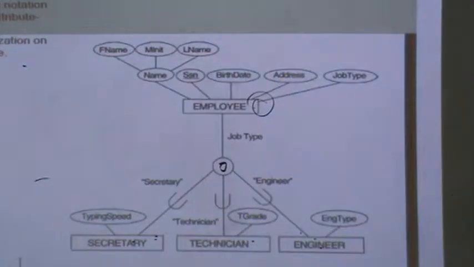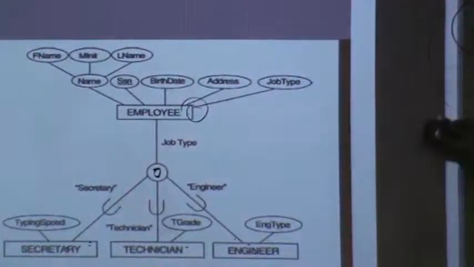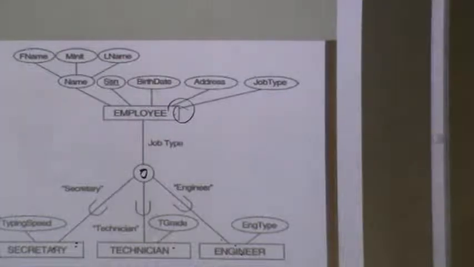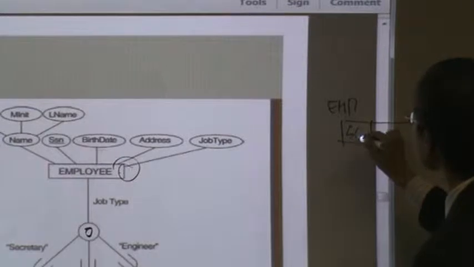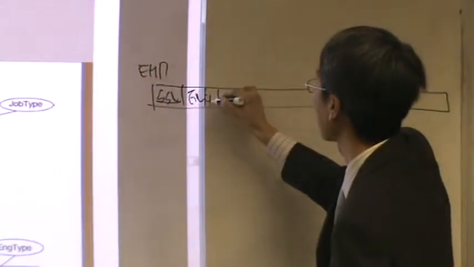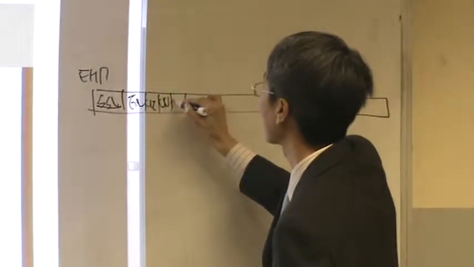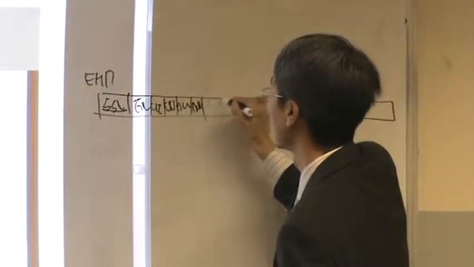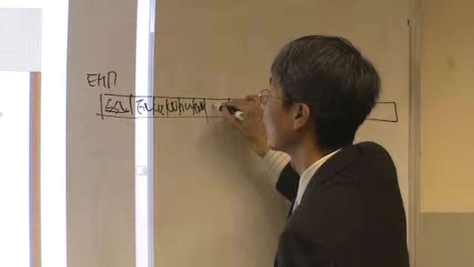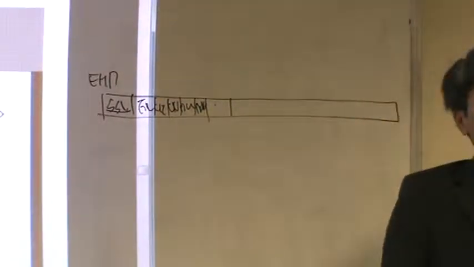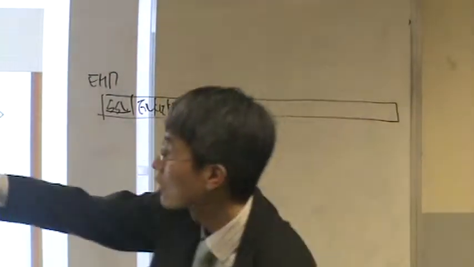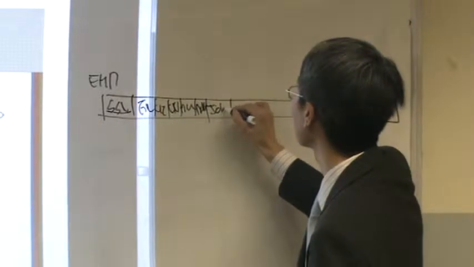So the third option is we can create only one table, employee: social security number as primary key, first name, middle name initial, last name, DOB, address, and job type.